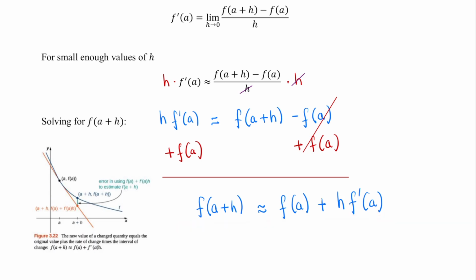It tells us that the value of the function at a plus h can be estimated using the original function value plus the rate of change times the change in x. This idea is called a linear approximation.